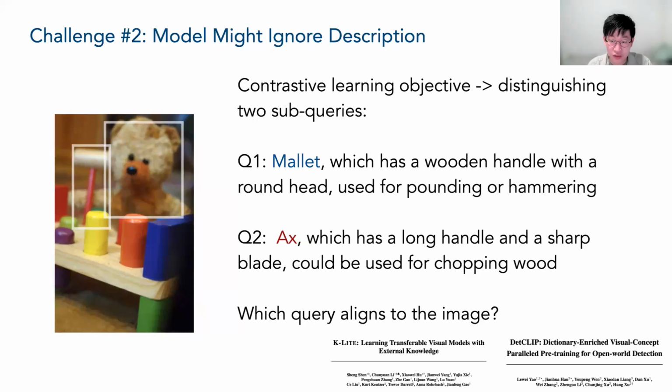Usually you pack several sub-queries into a long query, so the model is essentially asked to distinguish between sub-queries. For example, I give the model query 1, mallet, which has a wooden handle with a round head used for pounding or hammering, and query 2, axe, which has a long handle and a sharp blade, and ask the model which query aligns to the image. This is a pre-training task.